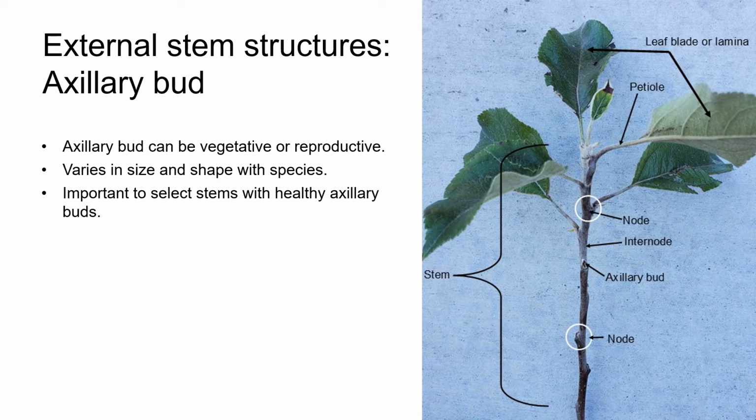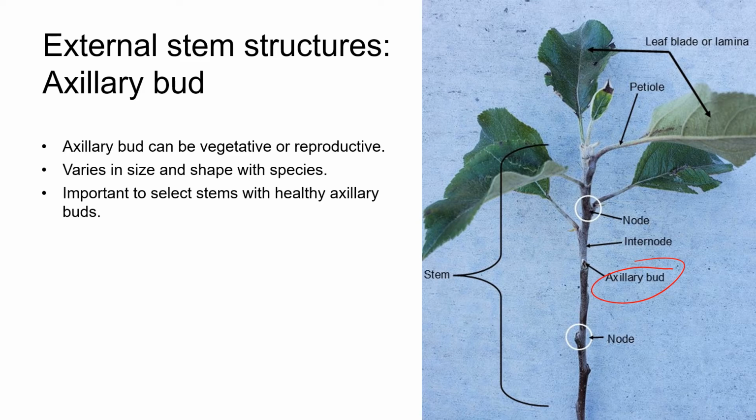At each node, in the angle formed by the stem and the leaf, there's an axillary bud, and this may be vegetative or reproductive. Vegetative axillary buds develop to form another stem with leaves, while a reproductive axillary bud develops to form a stem with flowers.